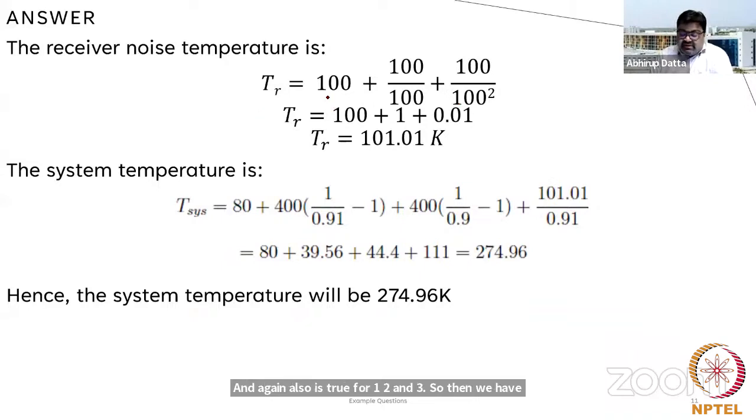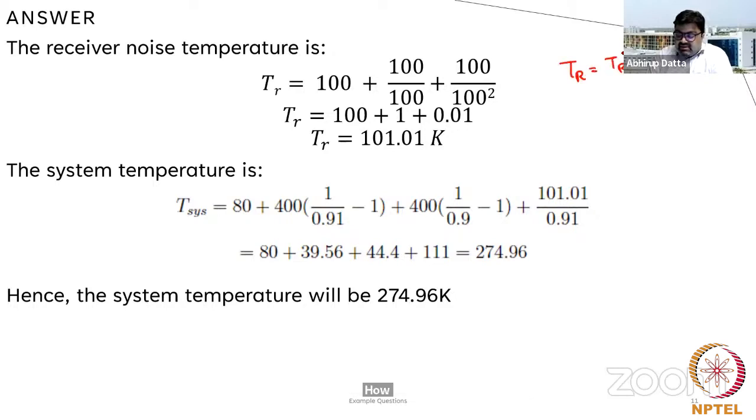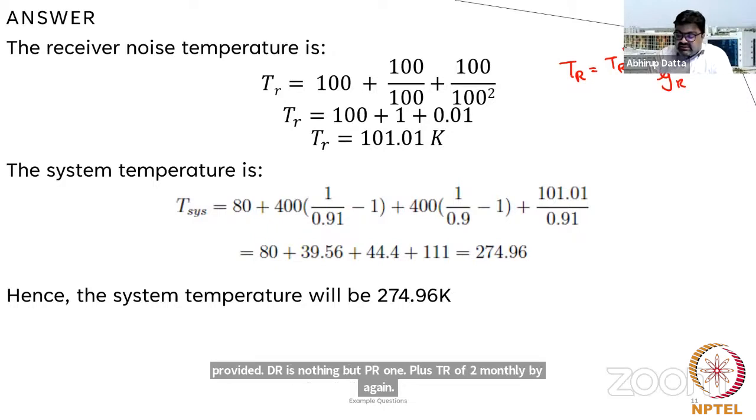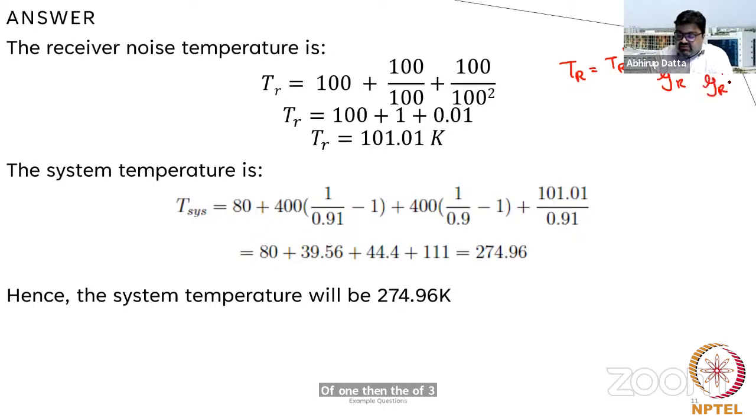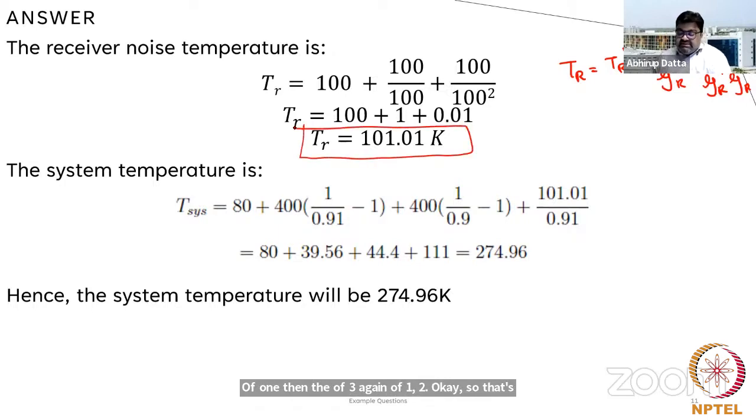T_R is nothing but T_R1 plus T_R2 divided by the gain of 1, plus T_R3 divided by gain of 1 multiplied by gain of 2. So that's where you finally come out for the total receiver noise temperature, given by 101.01 Kelvin.